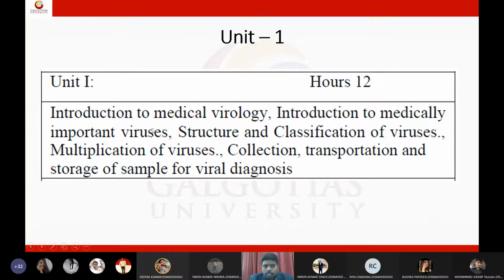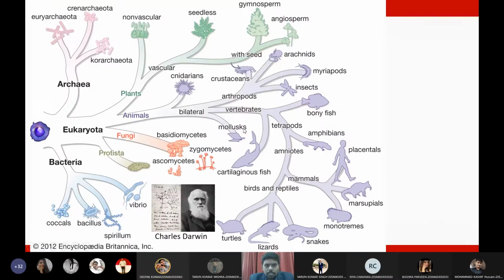We also discussed multiplication of virus. That means we almost covered the entire first unit with the basics. Today I will discuss viral cultivation, and again viral structure. So let me go to the topic.